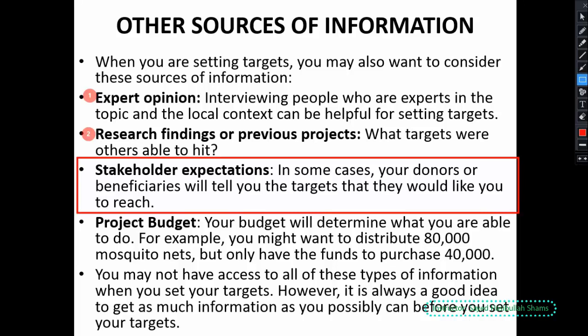So the stakeholder expectation is also one side of the setting of the targets.